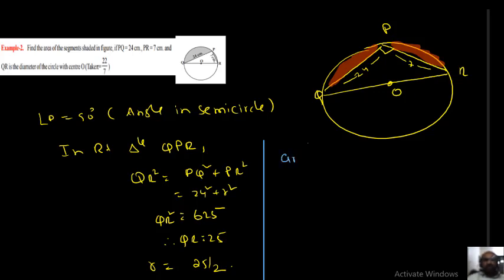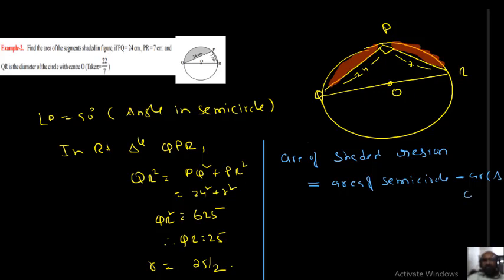Area of shaded region equals area of semicircle minus area of the right triangle QPR. Area of semicircle means half into pi r square, where r is 25 by 2 whole square, minus area of the triangle, half into product of legs, 24 into 7.